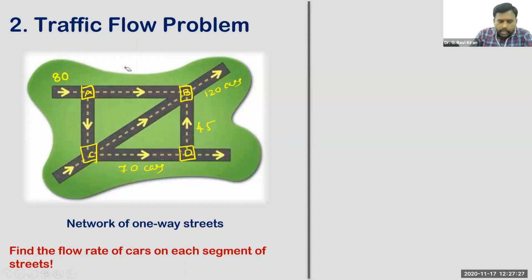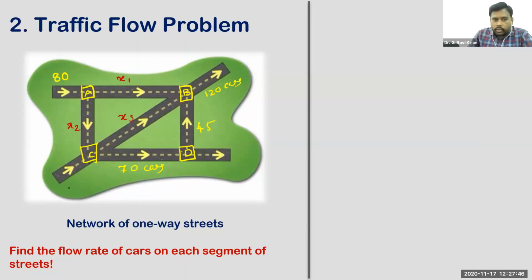Let us say this is X1. X1 is the number of cars traveling between A and B. Then let me take this as X2. X2 is the number of cars traveling between A and C. Let us say this is X3.